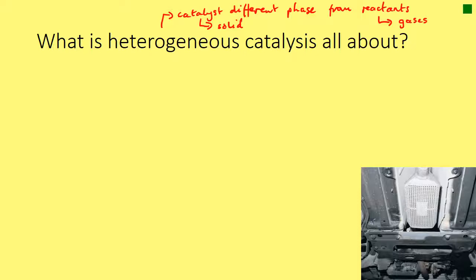And you need to be familiar with three examples of heterogeneous catalysis. And the first one we've done already. The first one is the contact process. And you'll remember that that uses vanadium 5 oxide to make sulfur trioxide out of sulfur dioxide.